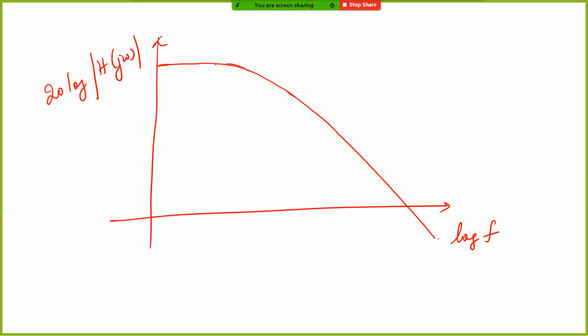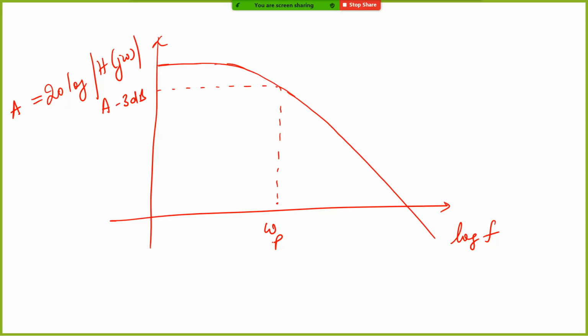This is the point where you have minus 3 dB, and this point is called omega p. So this is what we have found.